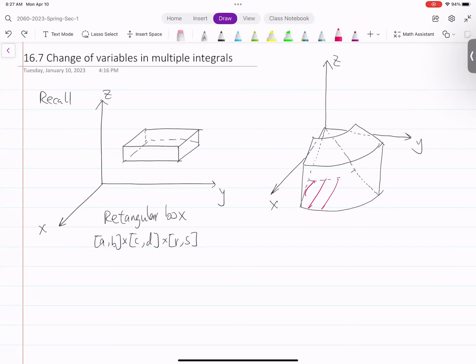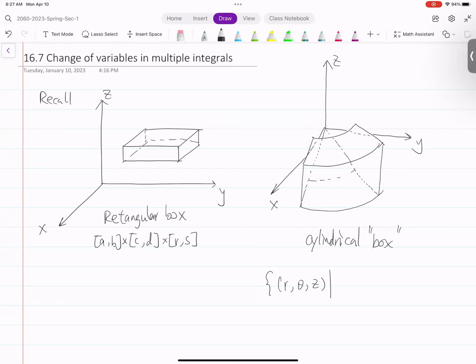But then this definitely gives you another shape. Although this thing looks like a box, it is called a cylindrical box. But it's not really a box in terms of the XYZ space, if you think about it. It's actually the r, theta, z space. Okay.